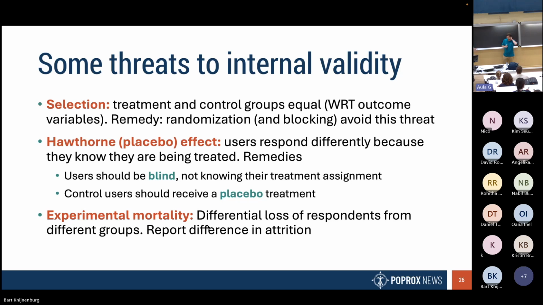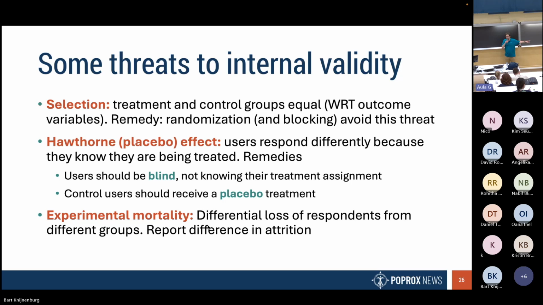So that's where if I know that I'm being treated, I respond differently. Oh, I know I'm in a study, therefore I better read a lot of news. And so the remedy for this is to have a placebo. Bart and I could be in different groups. I get something that's like a treatment, he gets the real treatment, but we both think we're being treated, and so that would affect us both the same way.